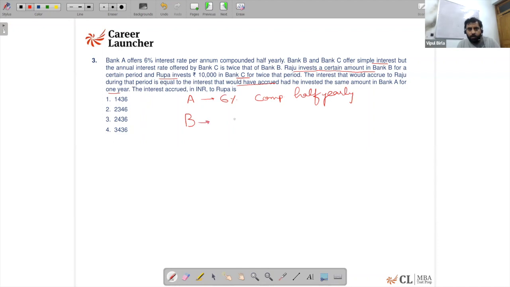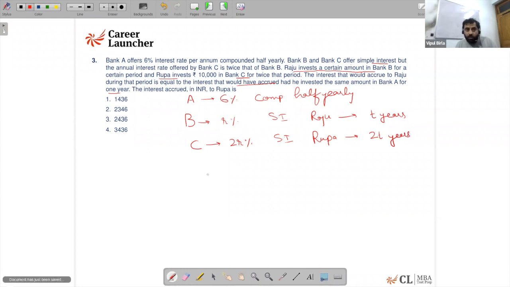Bank B offers simple interest at a certain rate, let's say R%, and Bank C offers double the rate. Now, they've also mentioned that Raju invests in Bank B for a certain period, let's say T years, while Rupa invests in Bank C for twice the period for which Raju has invested.